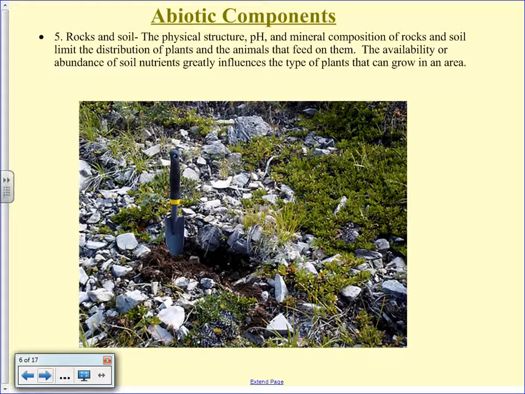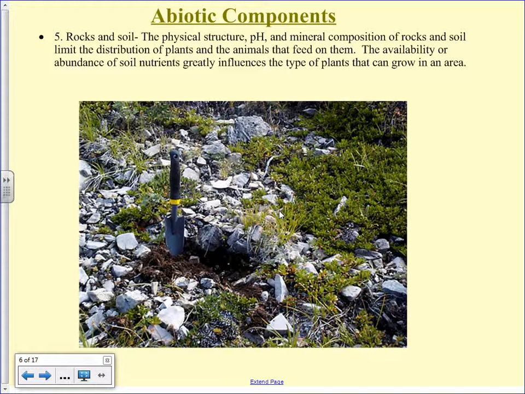As it starts to collect, some plants can live in it. It's got just enough nutrients and ability to hold water that these really hardy plants can survive there. And as they grow there, they grow roots into it, which keeps it in place. It can't run off. It can't erode because the roots will hold it there. And then every year, these plants die.